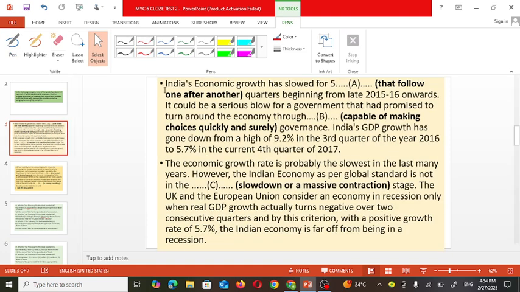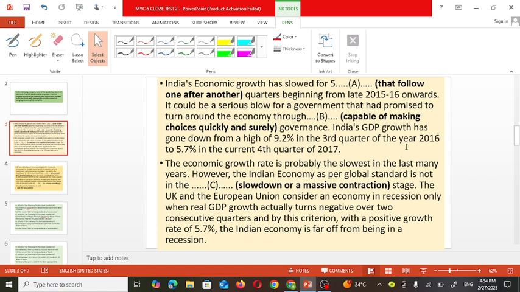So our paragraph is like this: India's economic growth has slowed for five consecutive quarters beginning from late 2015-16 onwards. It could be a serious blow for a government that had promised to turn around the economy through decisive governance.